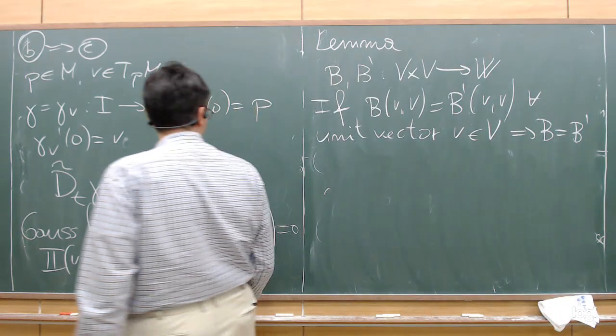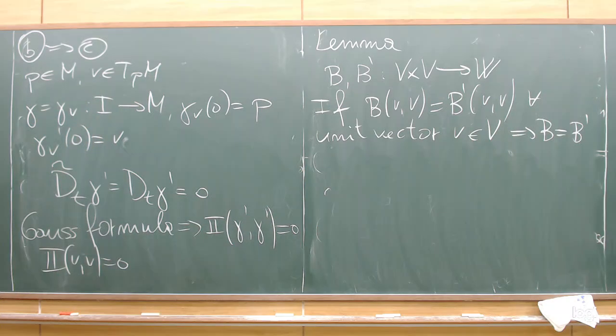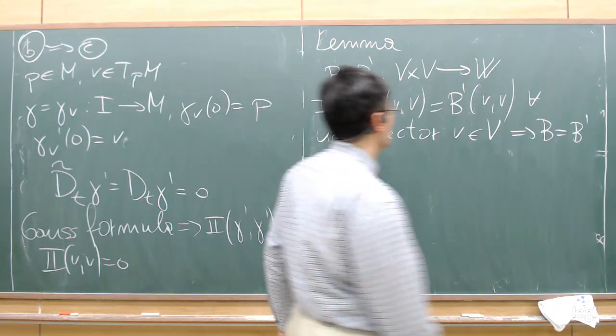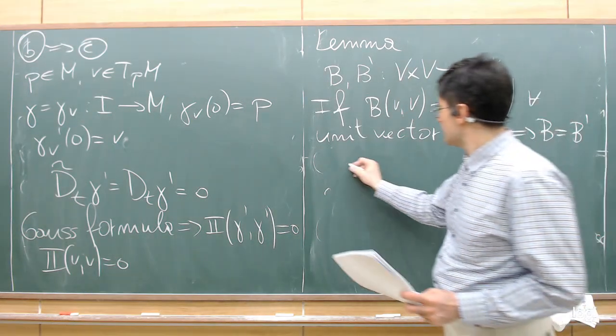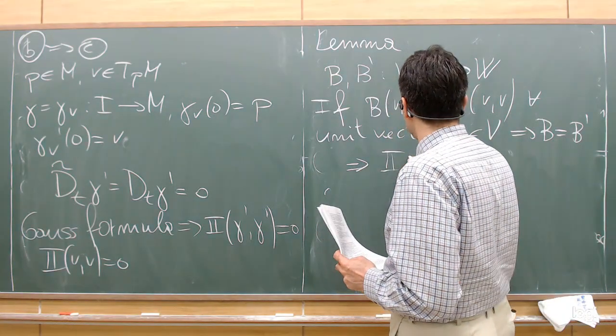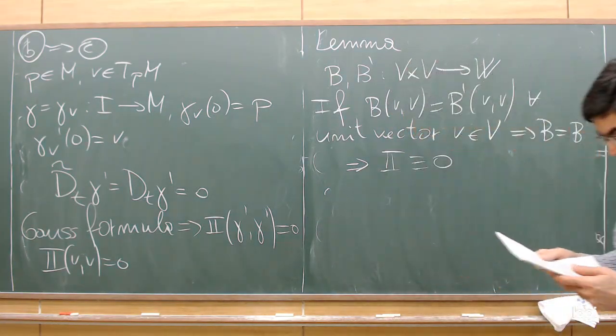So we can apply this lemma with B equal to 2 and B prime equal to the zero map. So this says that 2 is identical to 0.